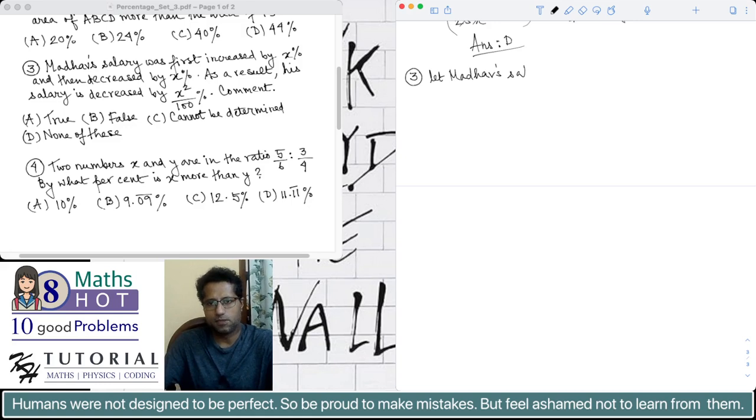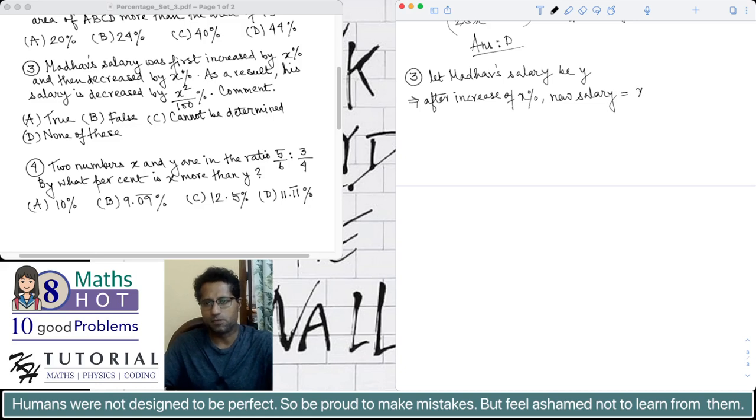Since X is already given in the problem, we will consider, let Madhav's salary be Y. Okay, so this implies after increase of X percent, new salary will be X percent more than Y, because we have assumed Madhav's salary originally was Y.